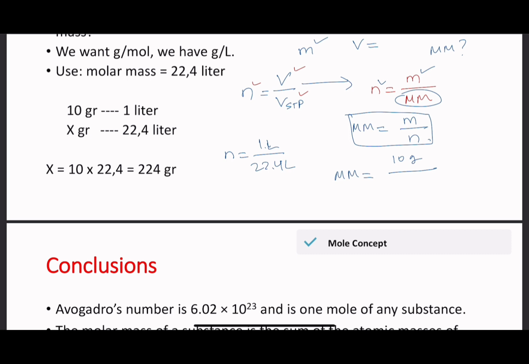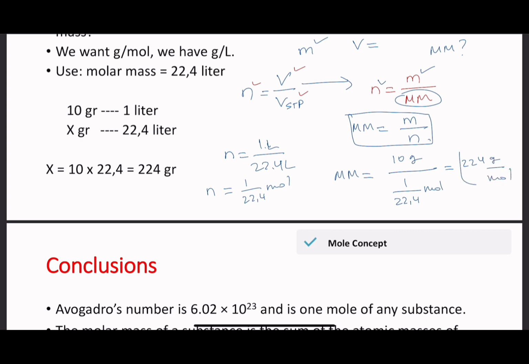So that's why the liter cancels out, and we're going to write it in mole. N would be 1 over 22.4 mole. And this is going to equal 22.4 gram per mole, if you do the math of this.